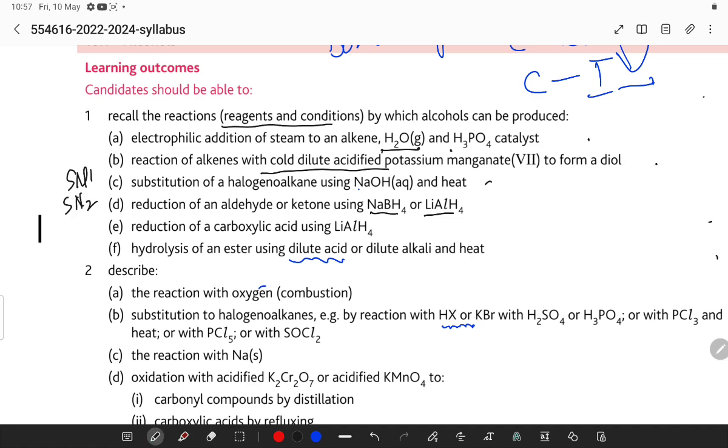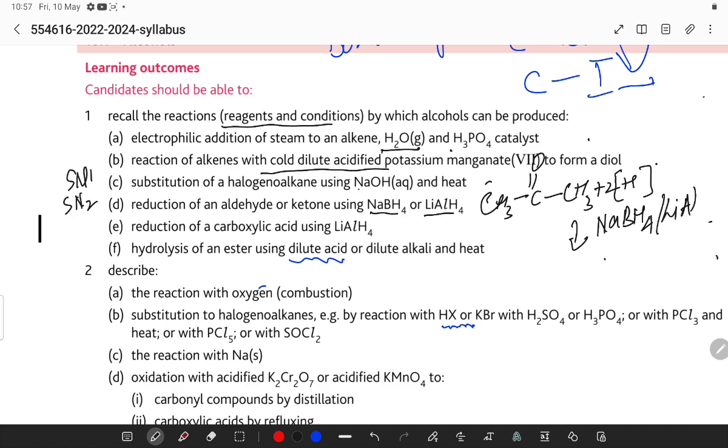Like for example, CH3 C double bond O CH3, addition of hydrogen in the presence of reducing agent NaBH4 or lithium aluminum tetrahydride to form CH3 CH OH CH3. This is secondary alcohol.